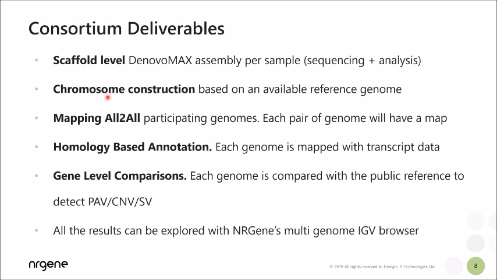By the way, all of these terms are going to be explained at length in just a minute. We are going to provide homology-based annotation of each one of them, and then we are going to use that annotation to compare them to one another for gene variations. And all the results can be explored in a few genome browsers, but preferably the freely available customized IGV that Genenergy has made public around a year ago.